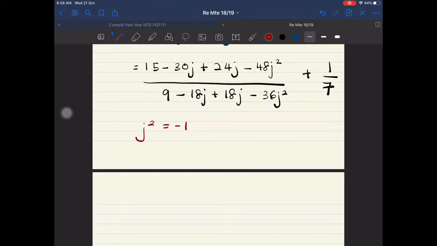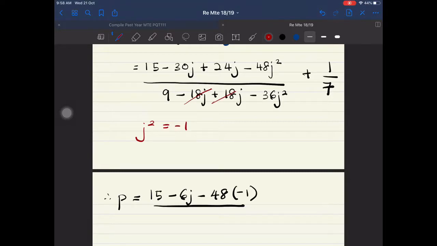So therefore your p is equals to 15. So minus 30 plus 24 will give you minus 6j minus 48, j squared is equals to -1, over, so in this case negative 18j plus 18j, so this one can cancel out.